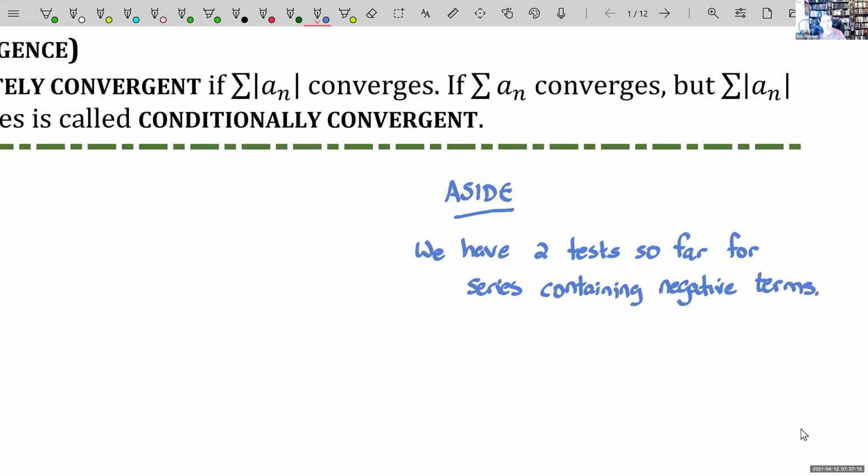So let's think about those tests. The limit comparison and series comparison tests require that our terms be positive, so it's not going to be either of those. The integral test requires that our terms eventually be positive, so again, it's not going to be the integral test.